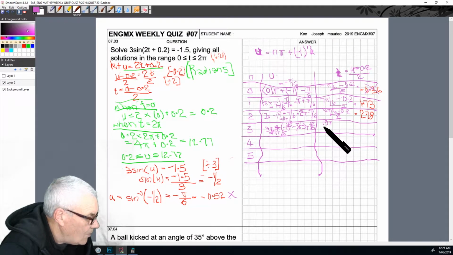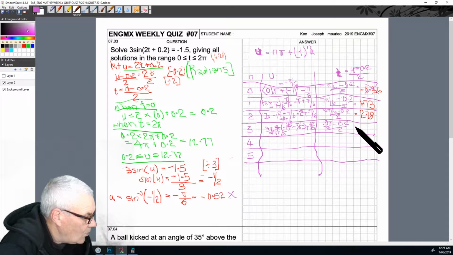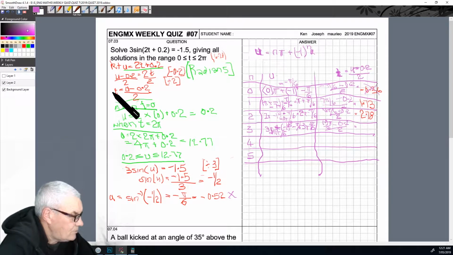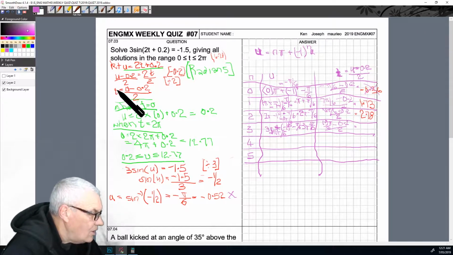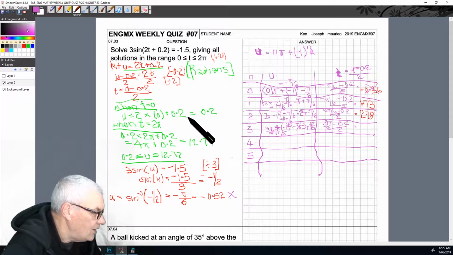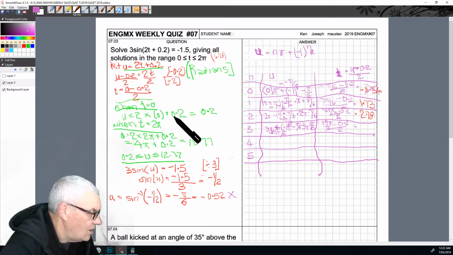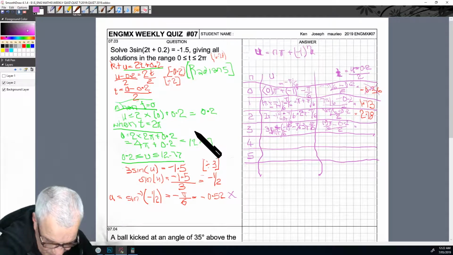So that's going to be pi over 6 minus 0.2 over 2. Okay, which is, so that one's 7 pi, 2 pi minus the 3 pi, yeah, that's 9 pi, 19 pi by 6.